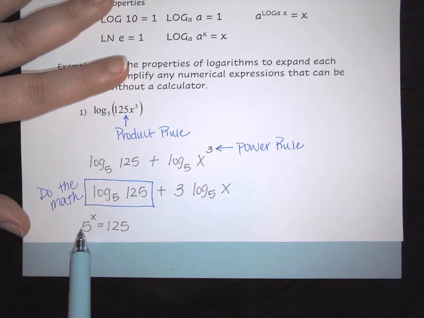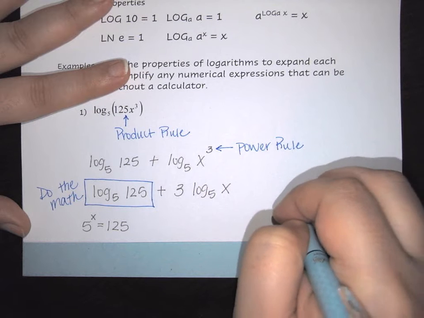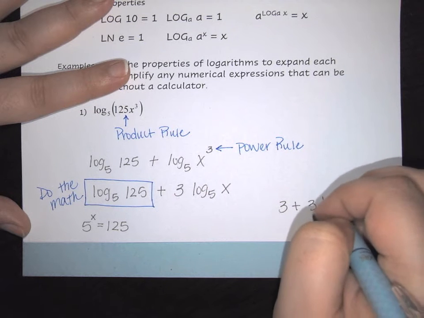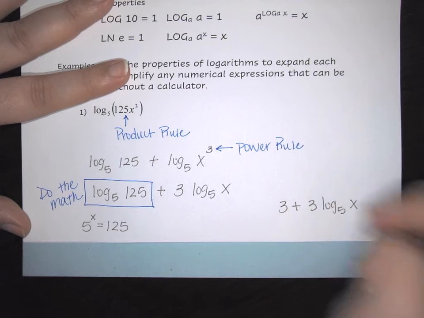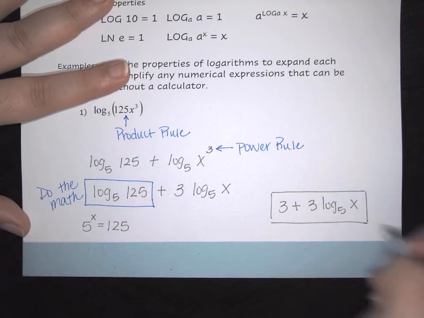What 5 to the what gives me that? Well, x has to be 3. So my overall result here would be 3 plus 3 log base 5 of x. And this would be the full expanded version.